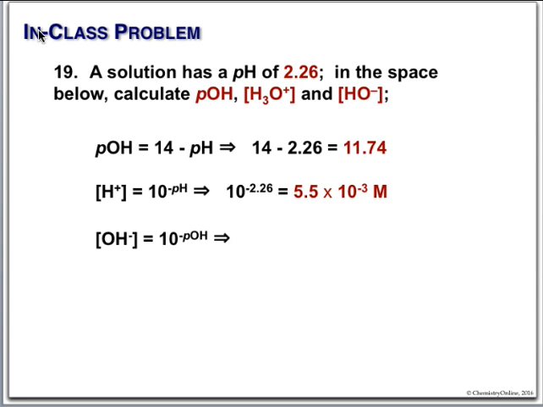Remember, it's minus pH. Finally, hydroxide, we're going to do it the same way. Hit 10 to the x on your calculator. Type in the pOH value here, so minus 11.74. And you should get 1.8 times 10 to the minus 12.